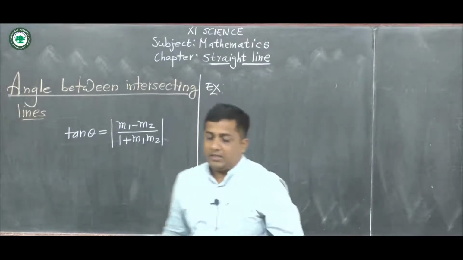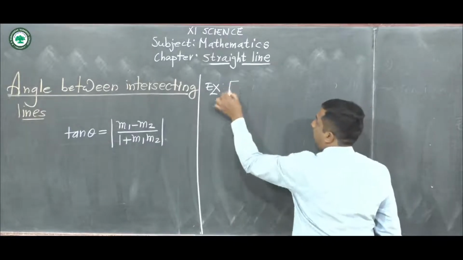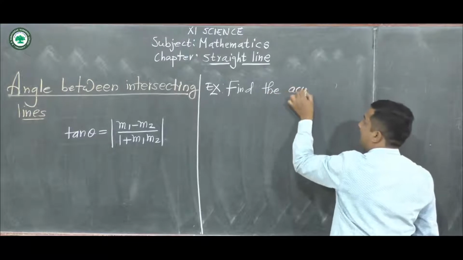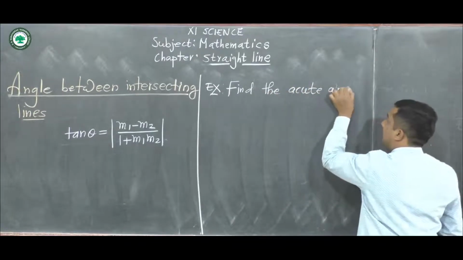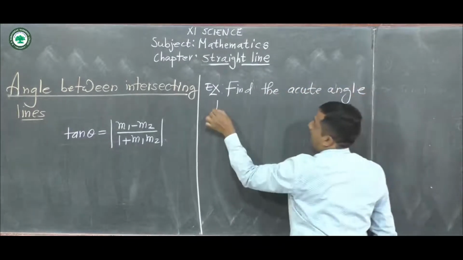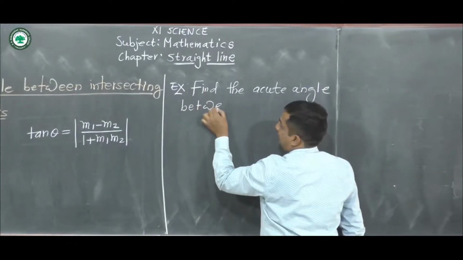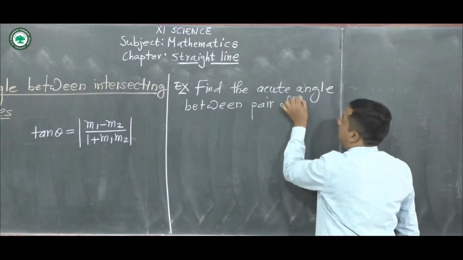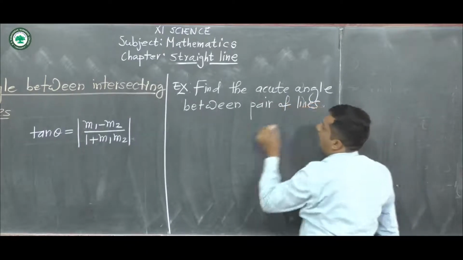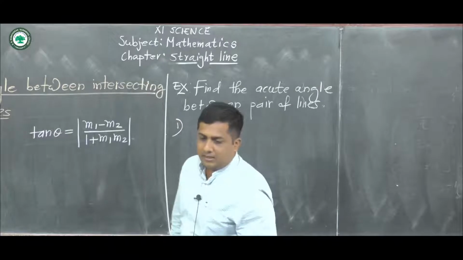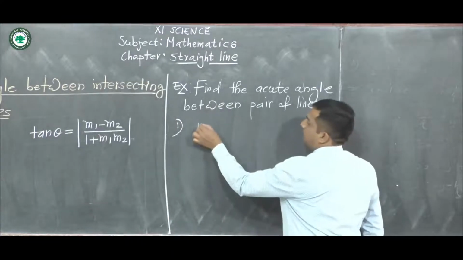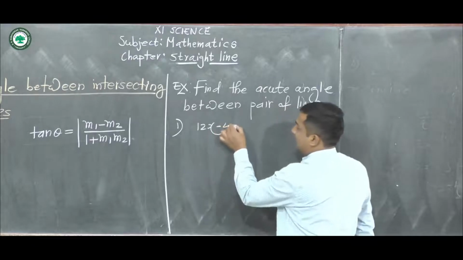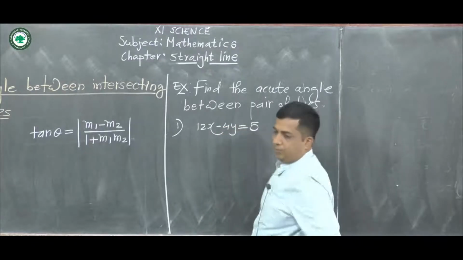Here given, find the acute angle between the pair of lines. In the first, given 12x minus 4y equal to 5.